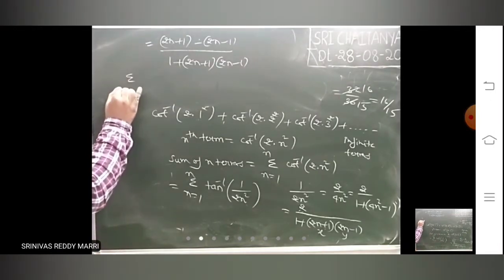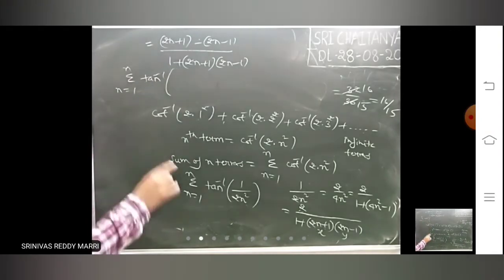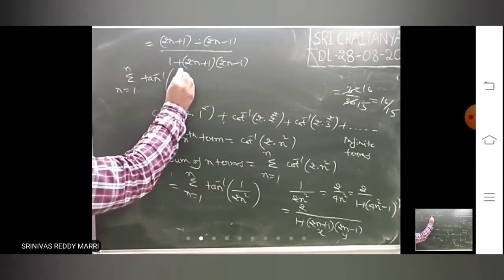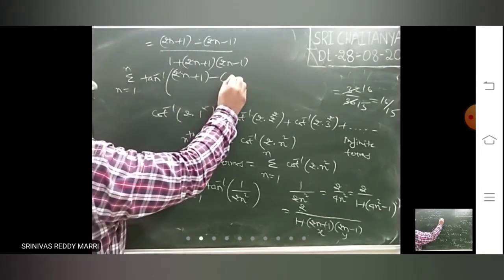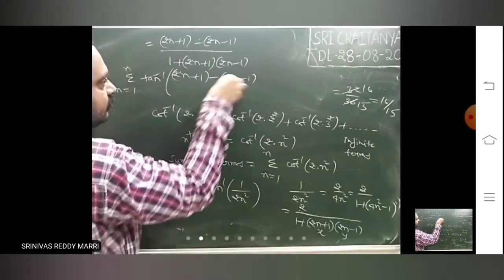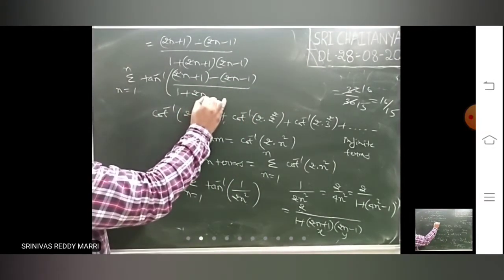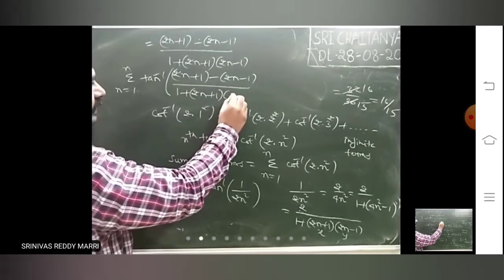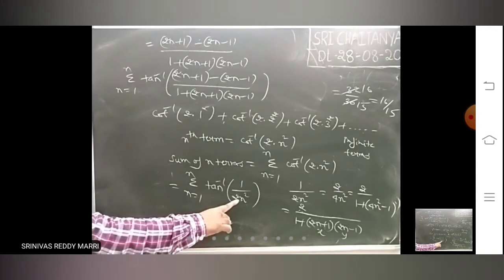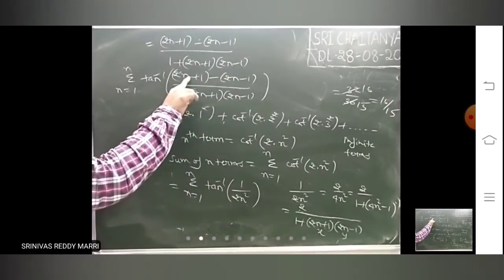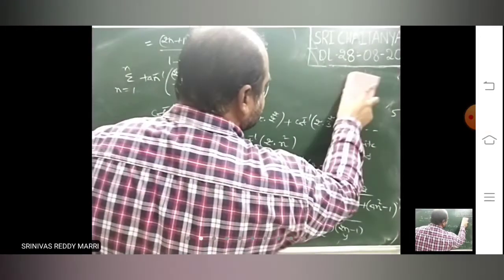Therefore, sigma n equal to 1 to n tan inverse. Instead of 1 by 2n square, you replace it with (2n plus 1 minus 2n minus 1) divided by (1 plus 2n plus 1 into 2n minus 1). In place of this I have written tan inverse of (x minus y) divided by (1 plus xy).